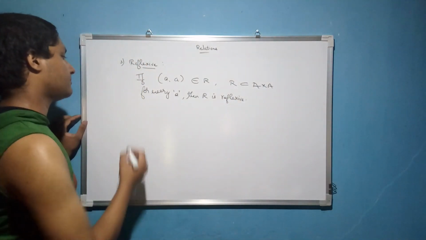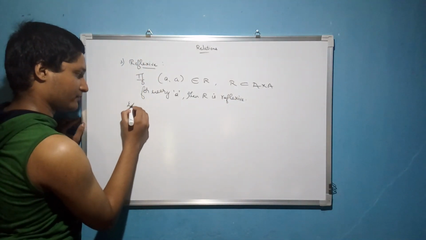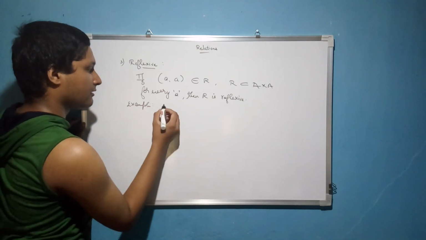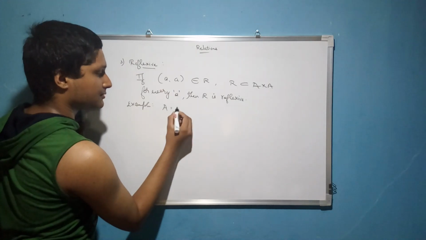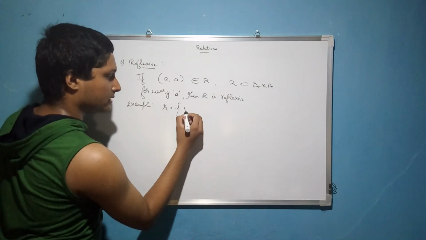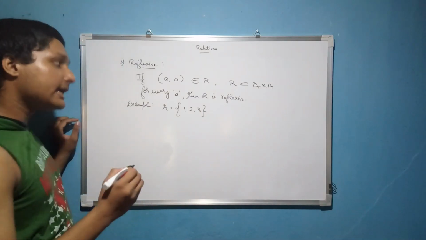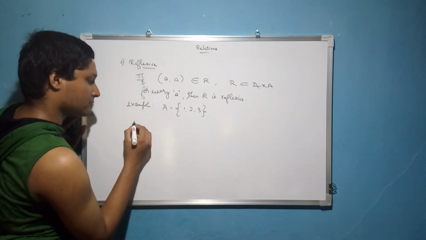Let me give you an example to make it clear. We have a set, say A is equal to {1, 2, 3}. This is a simple set. And what will be A cross A? That we need to find out now.